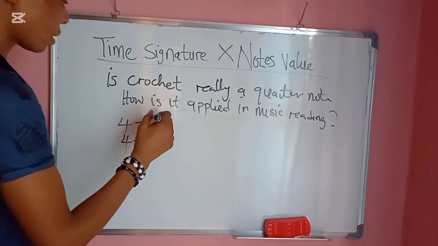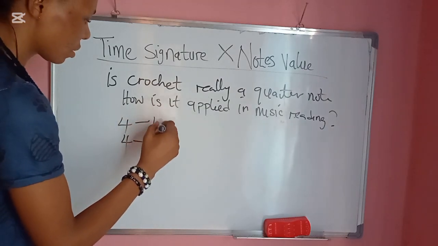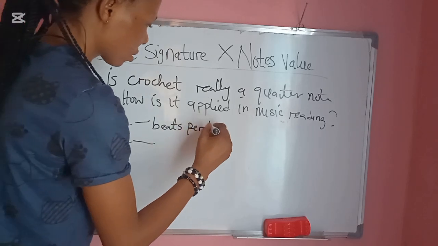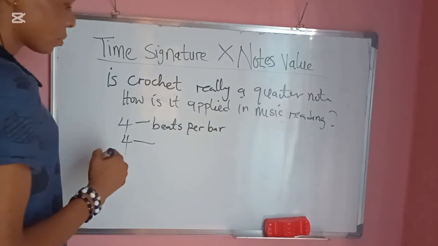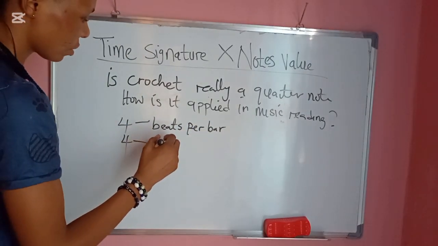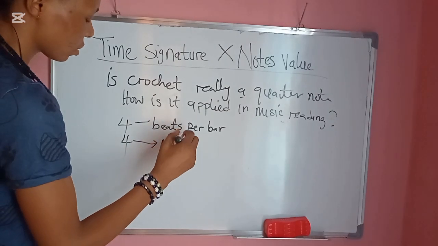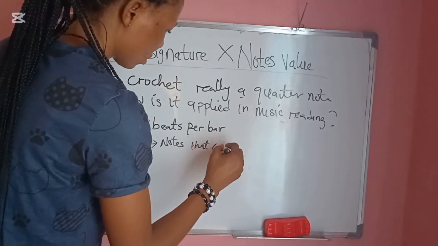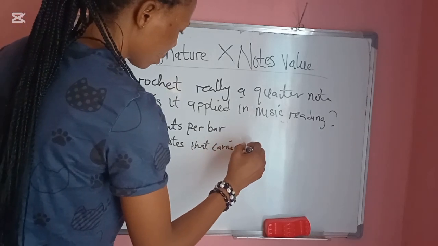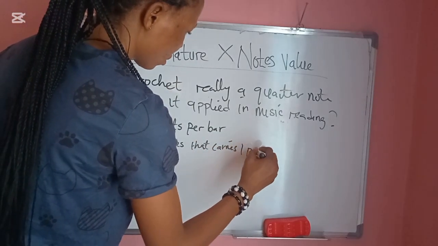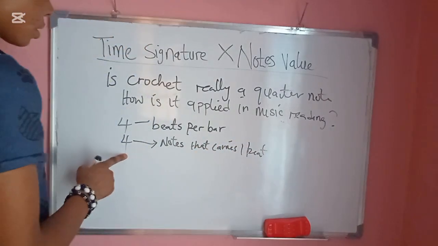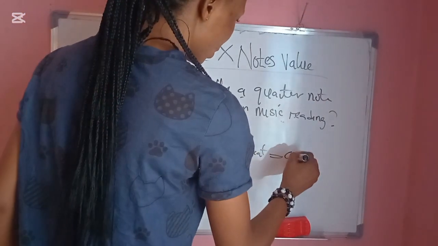The upper number stands for beats, and the lower number stands for the note that carries one beat, and in this case we have crochet.